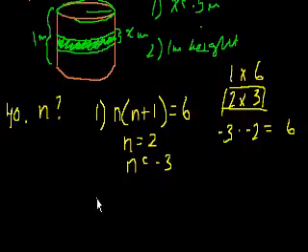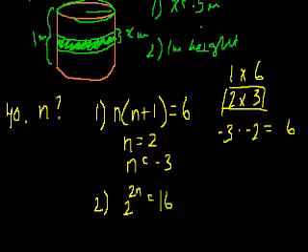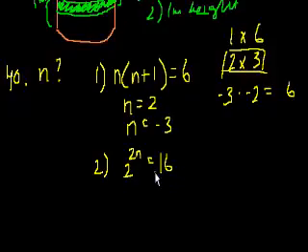The second part of it, statement 2, says 2 to the 2n is equal to 16. And whenever you have these, whether you're taking the SAT or the GMAT or anything, whenever you have a variable in the exponent, your goal really is to just get everything in the same base. So that's 2 to the 2n.